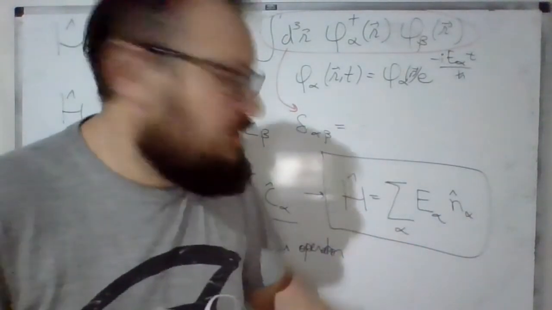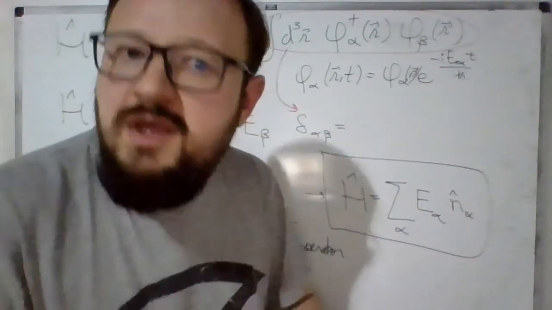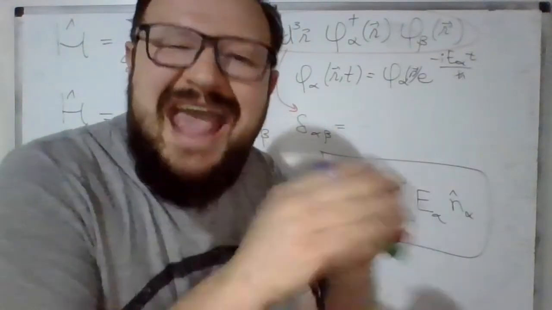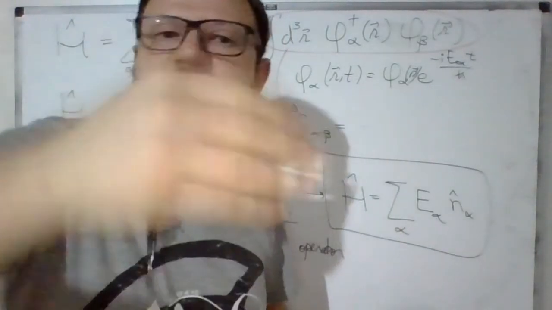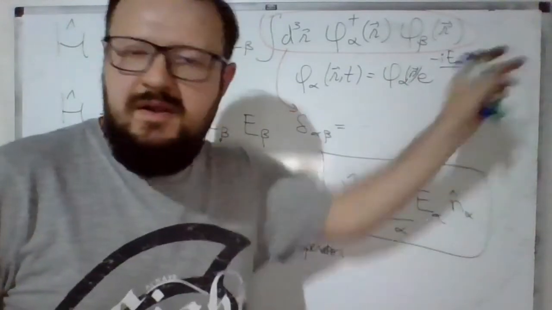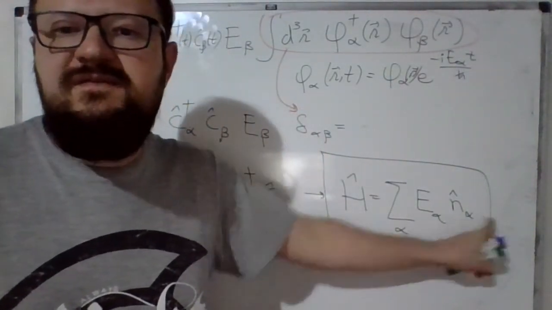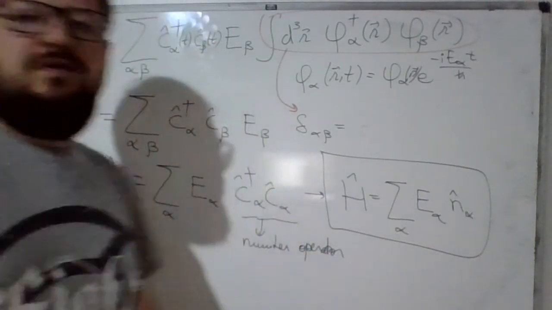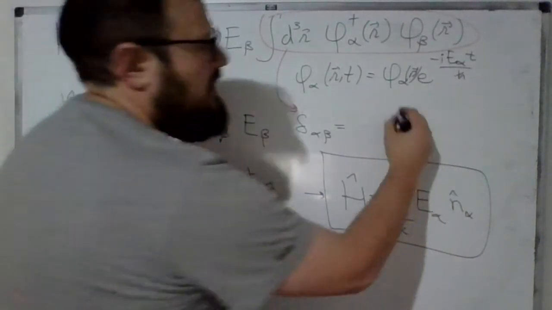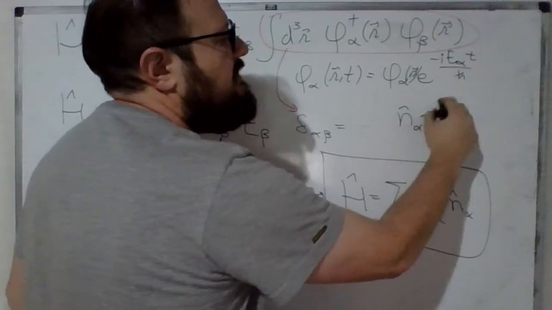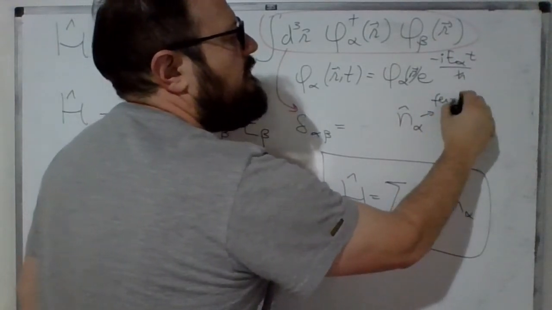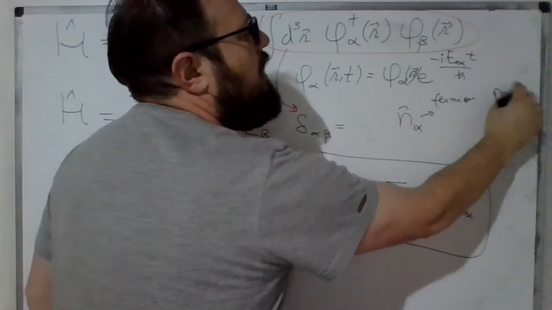For bosons, you could put any given number, 0, 1, 2, 3, or whatever, any given integer into that state. So for a fermion, n alpha is only 0 or 1.